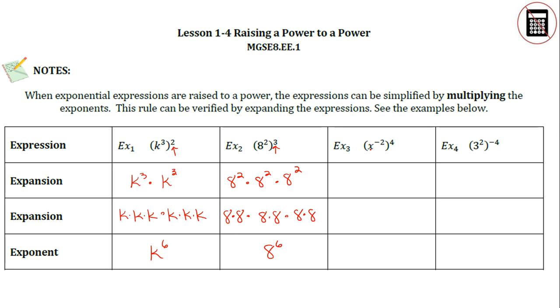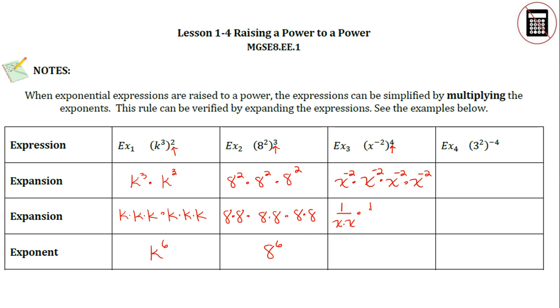Example 3, we have x to the negative 2 raised to the power of 4. So we're going to first expand our power of 4, and we have 4 x to the negative 2s. Now, when we expand each x to the negative 2, we're going to reciprocate it. So x to the negative 2 is really 1 over x times x.